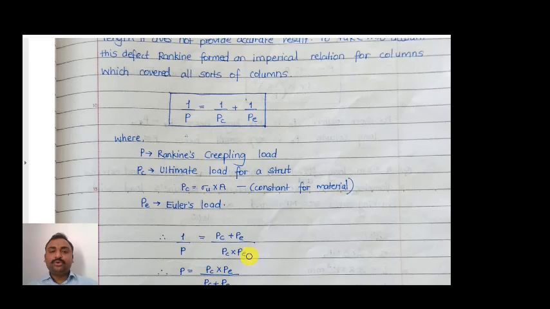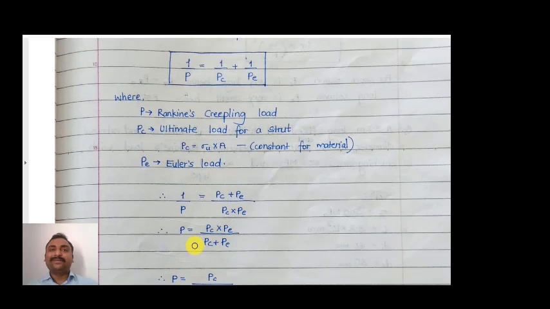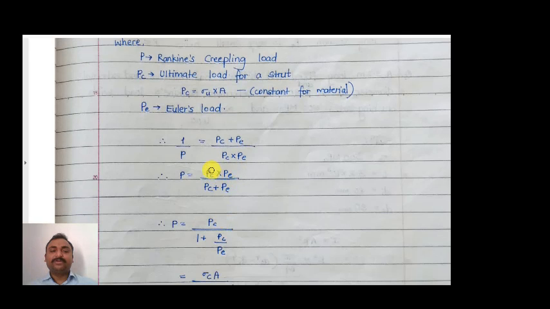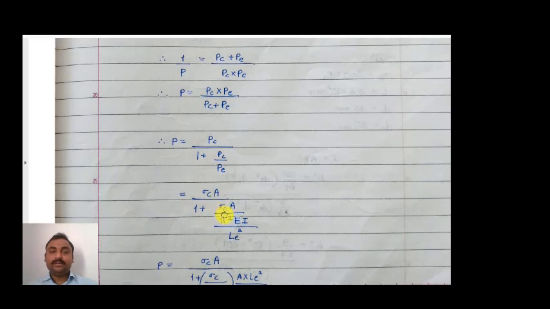So if you do some inverse calculation like this, taking P and PC, equating denominators and doing this calculation. PC we can write as sigma C into A. Sigma C is the compressive stress that is applied on the short column, and A is cross sectional area.